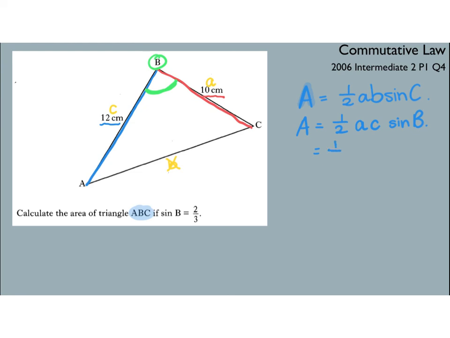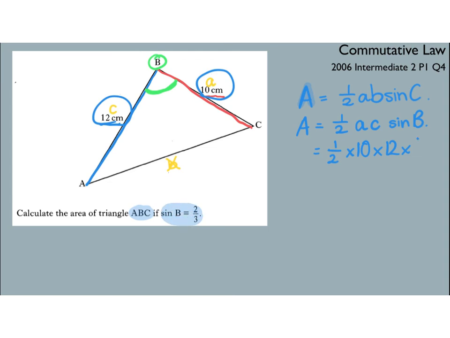Back to my formula, half times, what's the value for A? It's over there, 10. What's my value for C? 12. And somewhere, yes, I spy it, we have an answer for sine of B, it's 2/3.